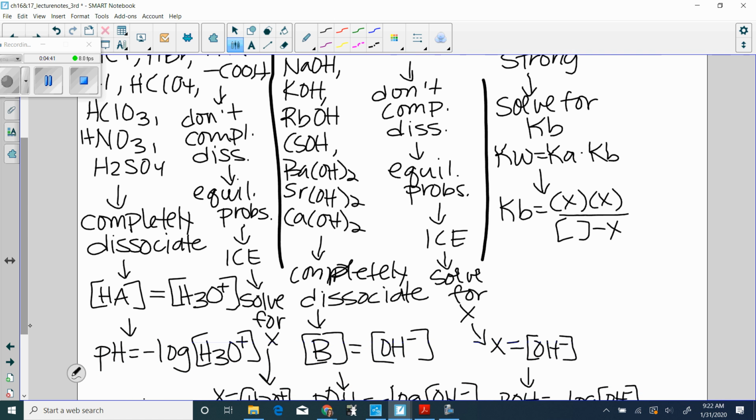We know how to solve for x because we've done our homework and practiced that. When we solve for x of a base, though, x does not equal hydrogen. What does it equal?